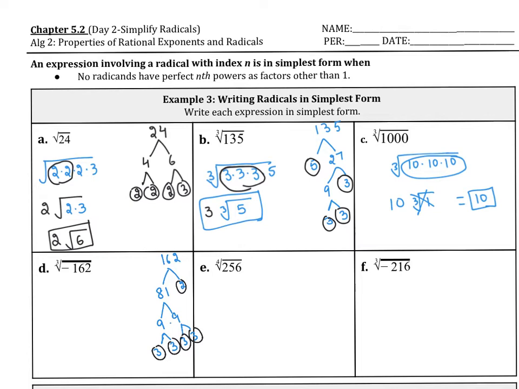You can write it back inside the cube root. For a cube root, you need at least 3 numbers to get out of the radical symbol.